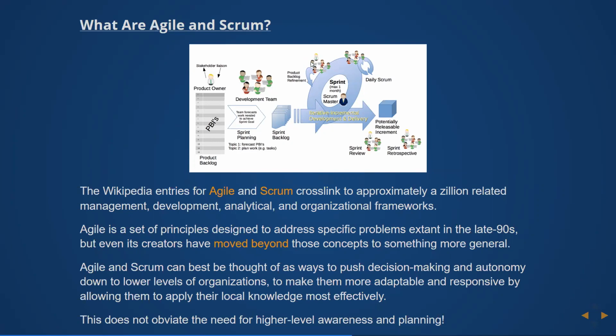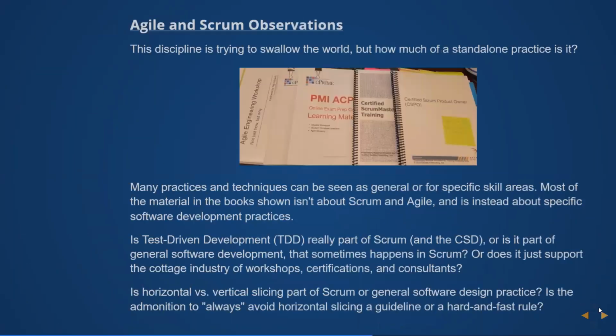That's really their big value add. If people are talking to each other, they can't get too far off track before things break. And none of what's going on in Agile or Scrum, even if you're pushing things down to lower levels, obviates the need for high level awareness and planning.